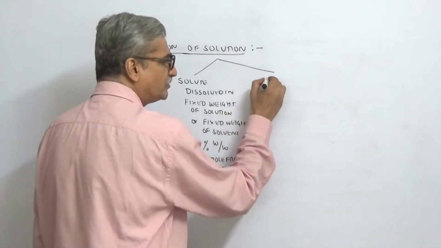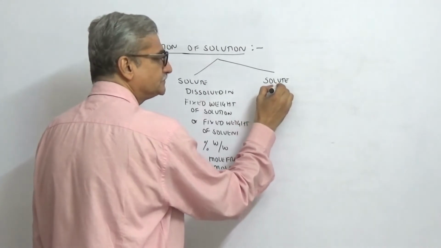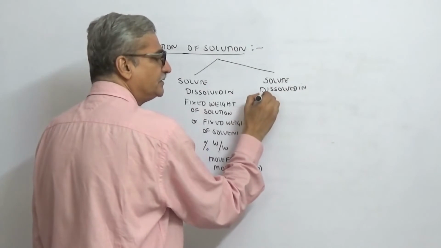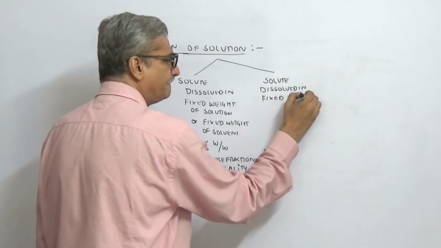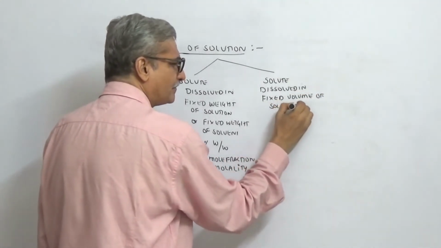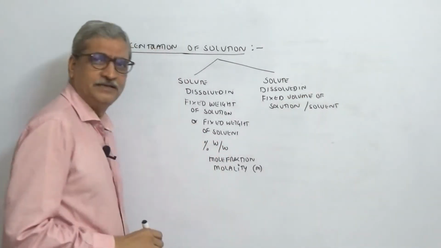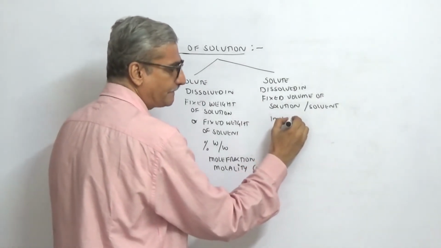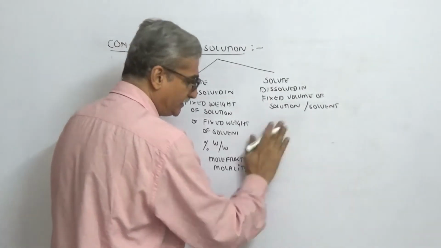Then we have solute dissolved in a fixed volume of solution. I write solvent anyway, though this generally doesn't happen. See, for example, if I say 1 mole of solute, I take this example over here.